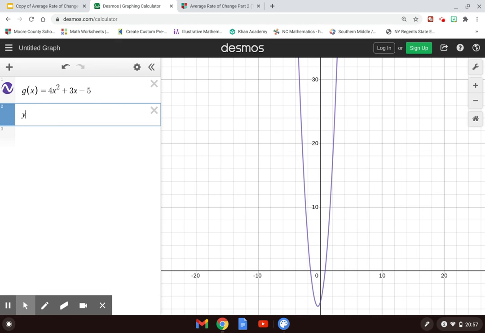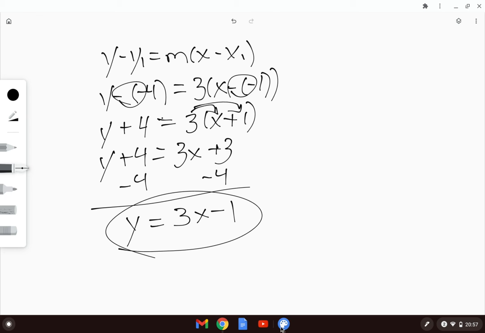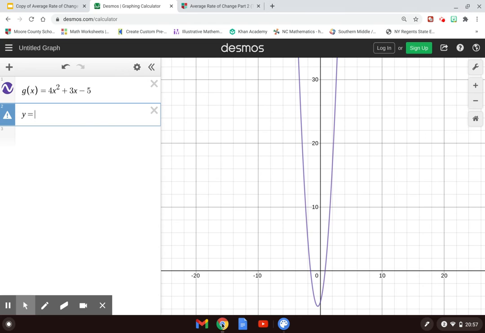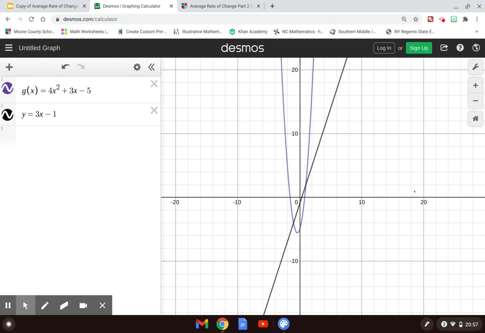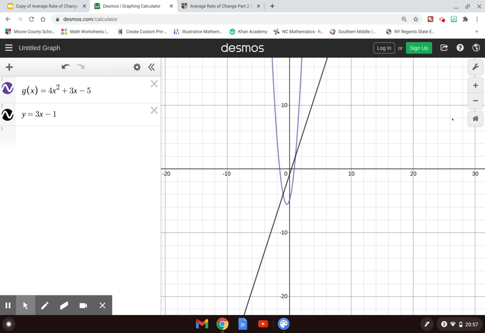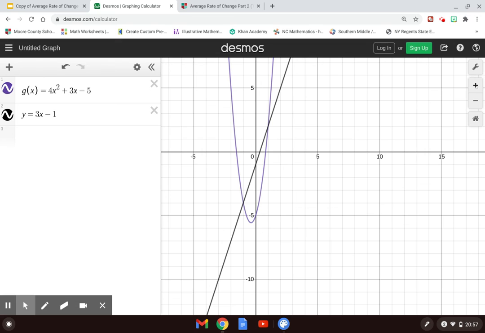Then I will take my y equals, and we said that was 3x minus 1. All right, so there you see again, there is your secant line, and it is illustrating your average rate of change over the interval. So here's -1, and here's 1 here. So there's your secant line.